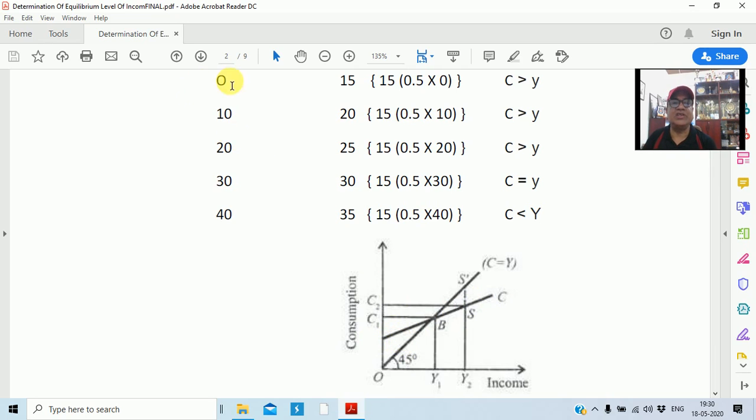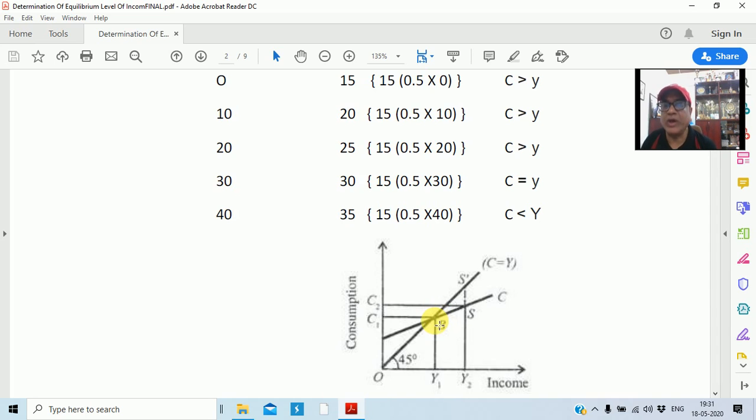Initially you find consumption is more than income. See here, this is the consumption curve and this is the income curve. Consumption is more than income. And at point B, what is that point B? Where income is equal to consumption, C is equal to Y. At point B, C is equal to Y. That's why both the income line and the consumption function intersect each other, right?